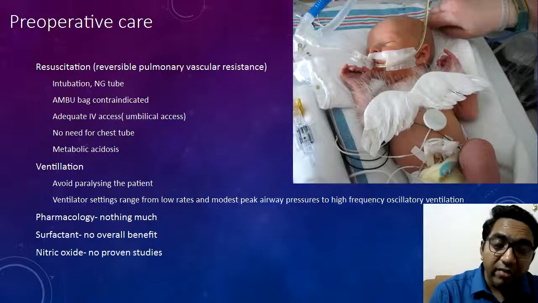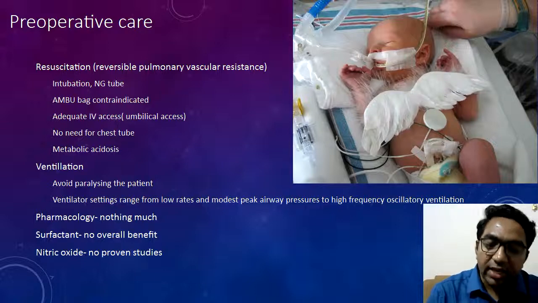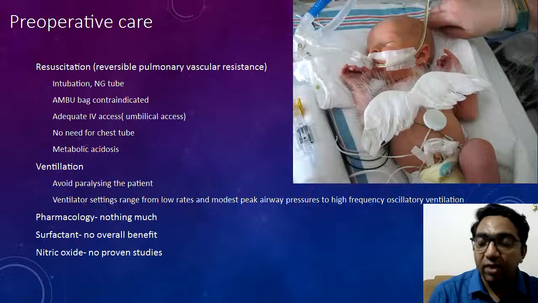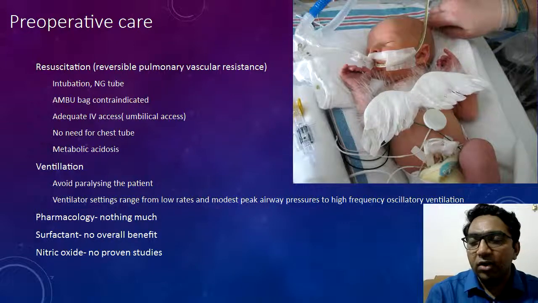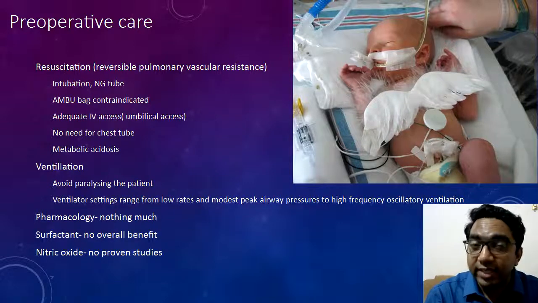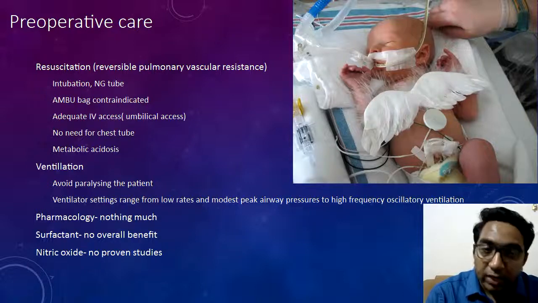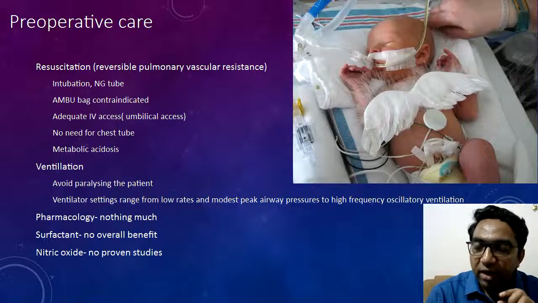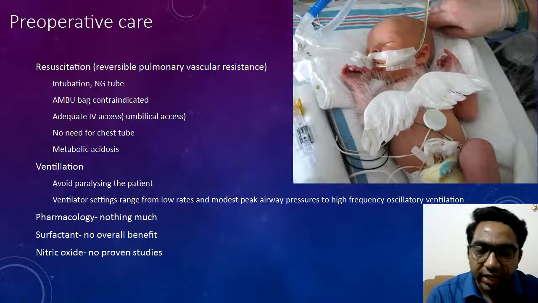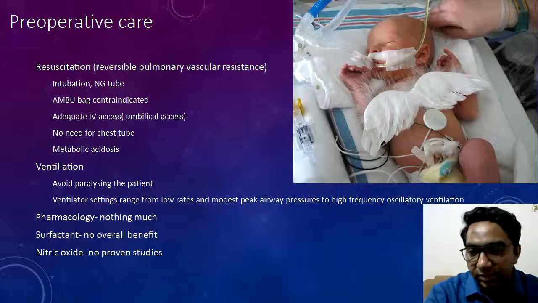But even with that, if the oxygenation is not maintained and we have to increase the pressure to increase the oxygenation, there is a high chance of barotrauma. So in those conditions, high frequency oscillatory ventilation is preferred, where small amounts of tidal volume are given at a high frequency rate in order to maintain the minute volume and oxygenation.